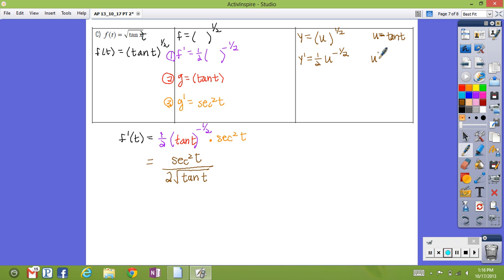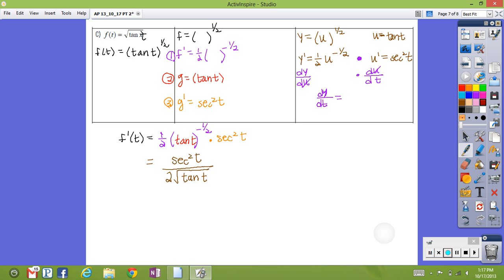We're going to take u prime, which is secant squared of t. And what I said in class is if you set it up this way, this is literally your derivative. And what I'm going to show you is that y prime is the same as dy over du. U is the function name in respect to the t. And so if these cancel, it leaves us with that dy dt, which is what I'm actually looking for.